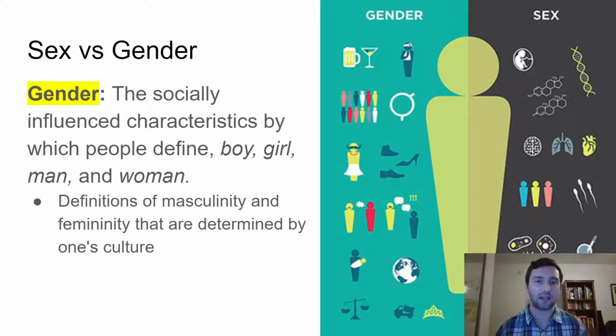A really simple example, just to think about these differences in gender: if I asked you, in American society, what does it mean to be a man, how do you picture that, or what kind of person would be considered a man or an attractive man? For most people, you would probably think of someone who is big and muscly, maybe with a beard or facial hair.